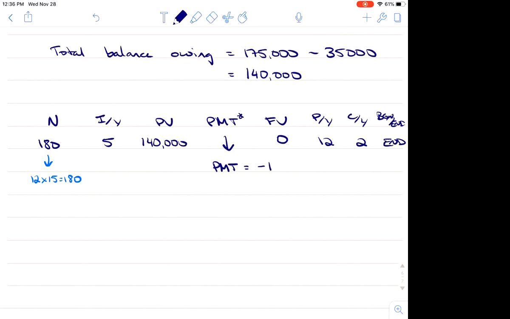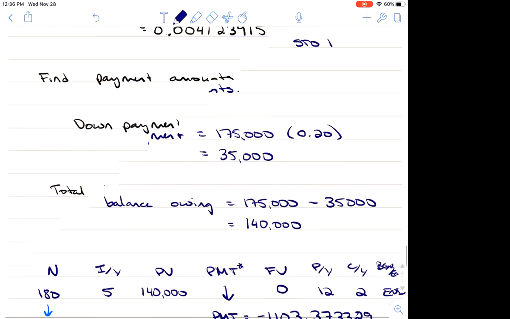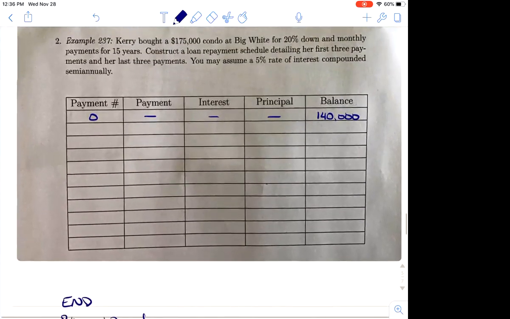Payments are going to be negative 1,103.373329. Her monthly payments are $1,103.37. So we can fill that in.